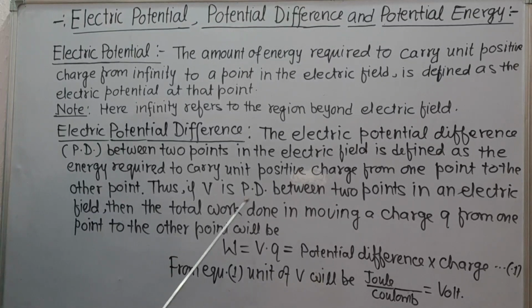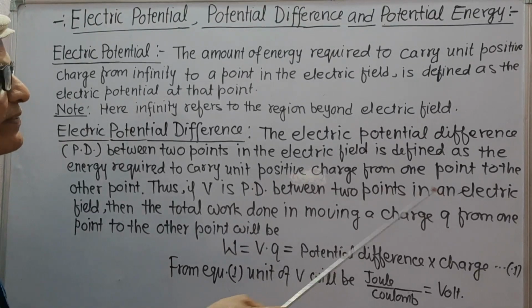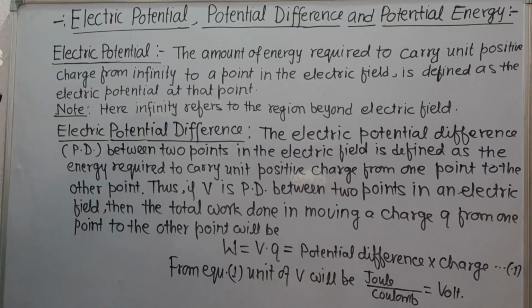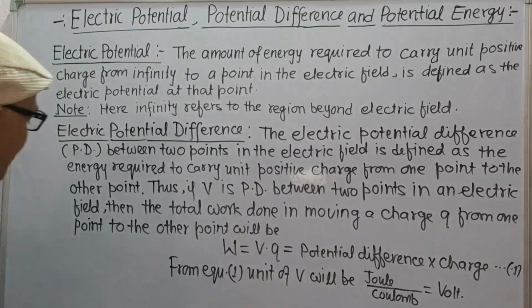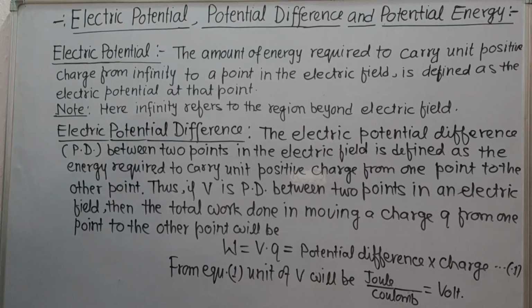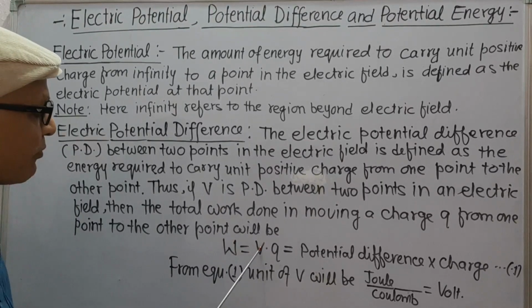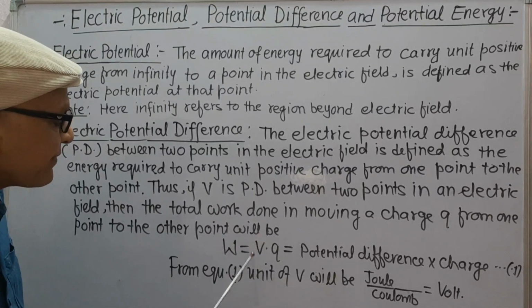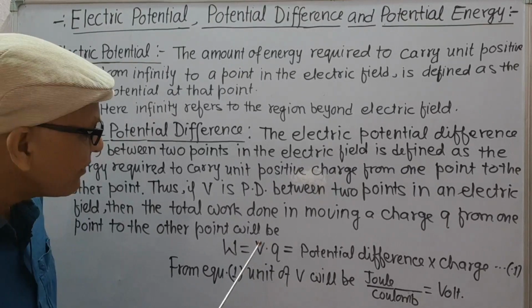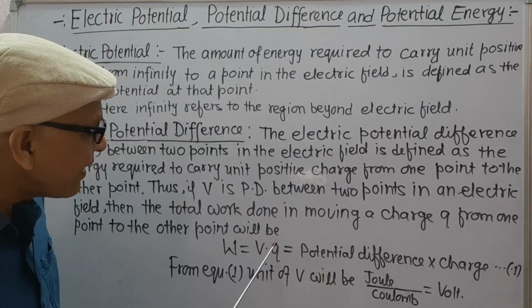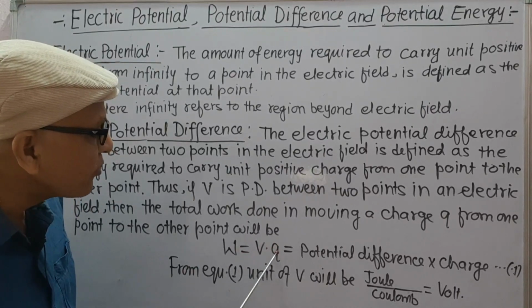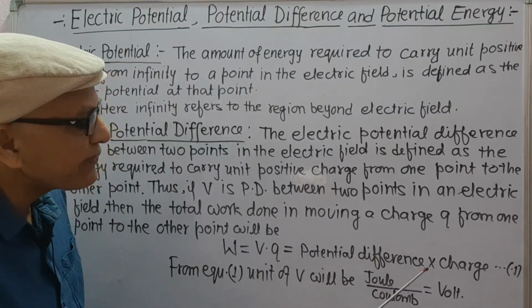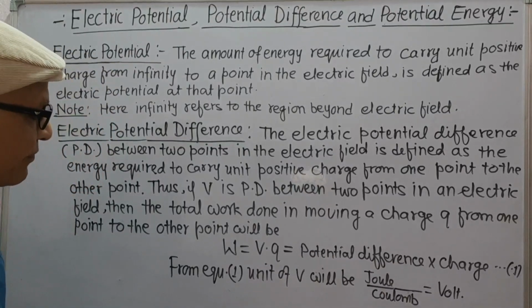Thus, if V is the potential difference between two points in the electric field, then the total work done in moving charge Q from one point to the other point will be W = V × Q, where V is work done per unit charge, which is the electric potential difference, and Q is the charge. So, W = V × Q, that is potential difference into charge.